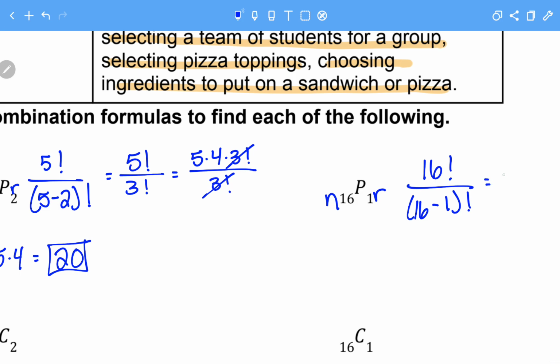Okay. Do your parentheses, so 16 factorial over 15 factorial. And on the top, we're going to count down until we get to the bottom number. So 16, 15, stop, factorial. So keep the bottom and see what crosses off. We're going to be left with just 16.